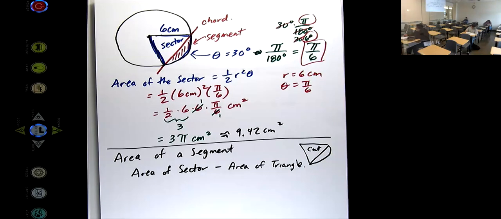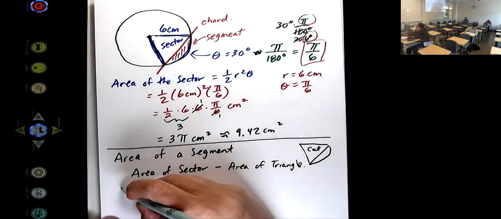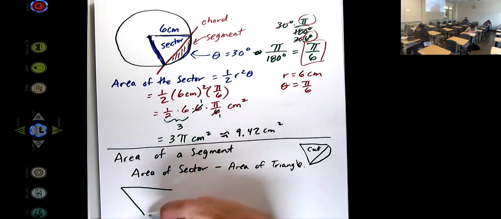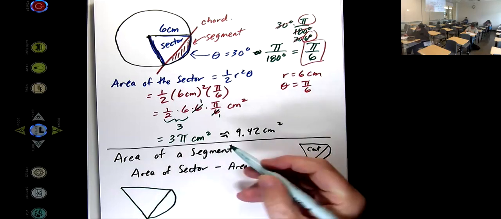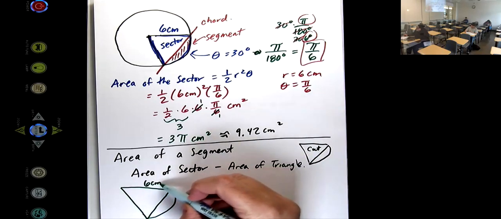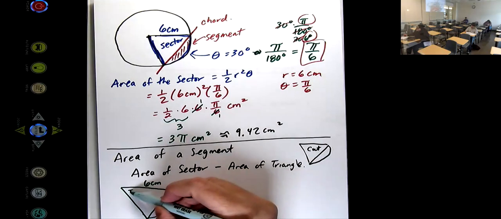Which means you need a little bit more information from the picture of what I had up there to do this. If we had something like this, and this was 6 centimeters, and this was, we said, pi over 6.